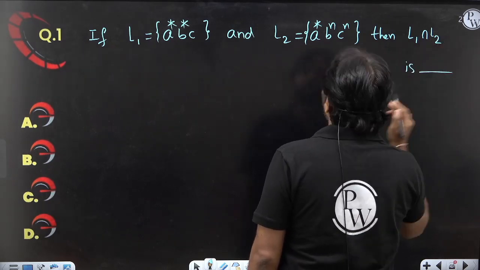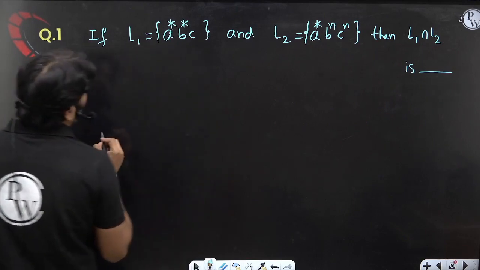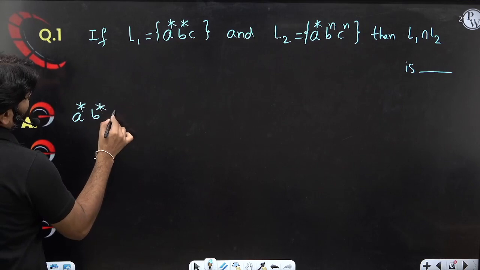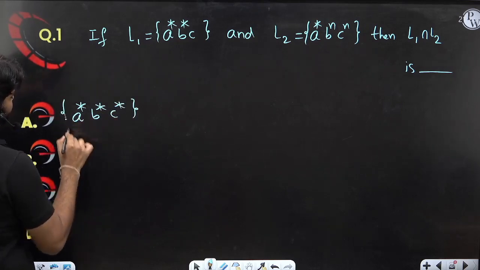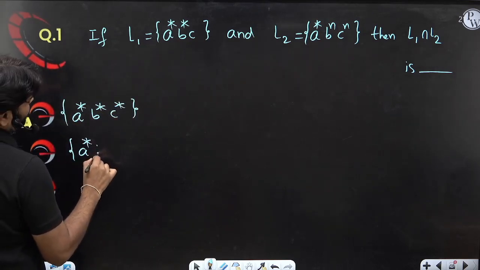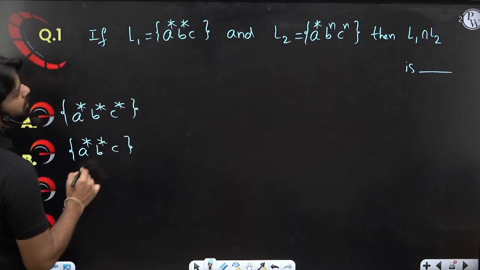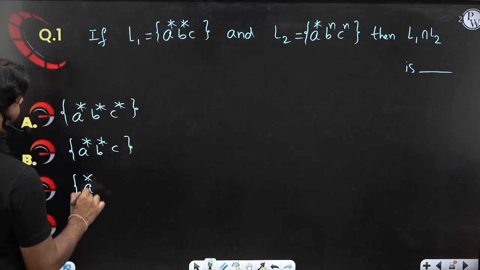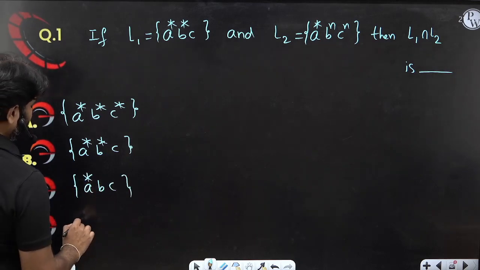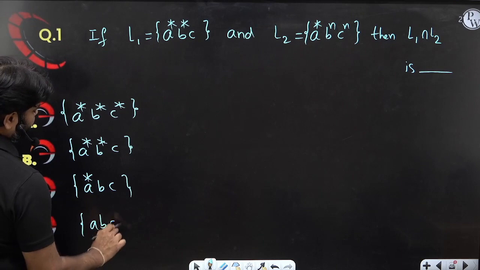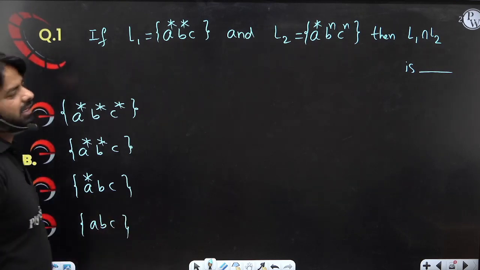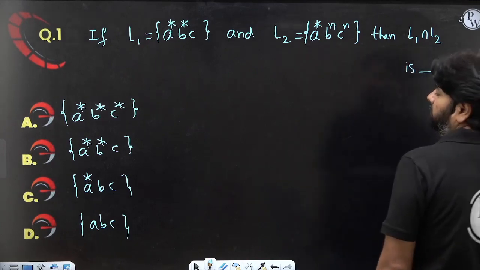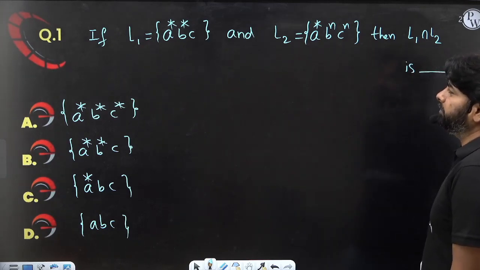Then L1 intersection L2 is dash. Options: A* B* C*, A* B* C, A* BC, ABC. Just choose whichever matches. If none matches, just mention in the comment that no option is correct. Just cross check which is the right option.